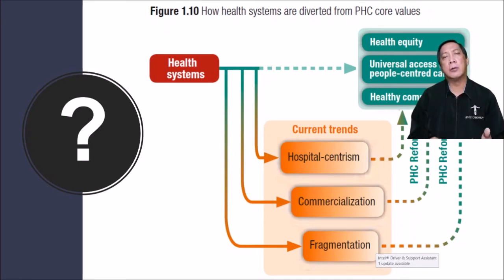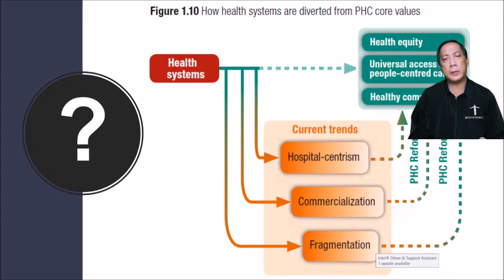And of course, it also resulted in fragmentation. People would always tell me in the community, and even in my own experience, that before, when we had some health problems, we would go to one doctor in my town, and that doctor would also be the one treating my mother, my father, my cousins, and all of the people. Now, if you have a cough, you go to a pulmonologist. If your knee is hurting, you go to your rheumatologist. See? And suddenly we lose the importance of primary care and general practice.